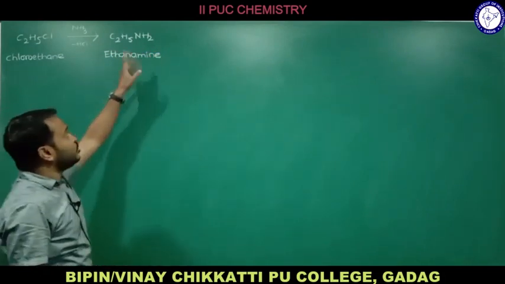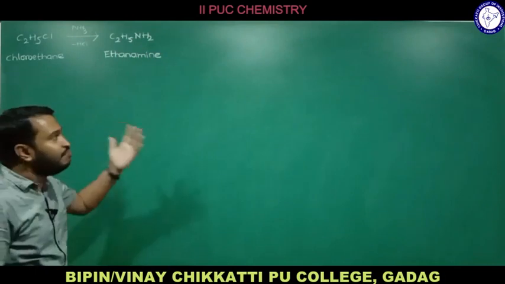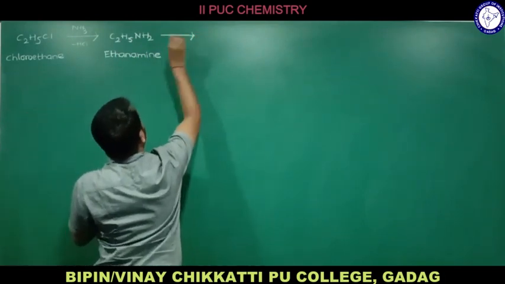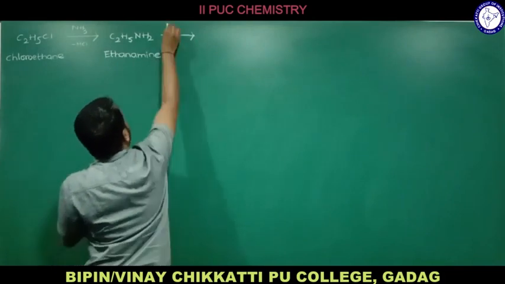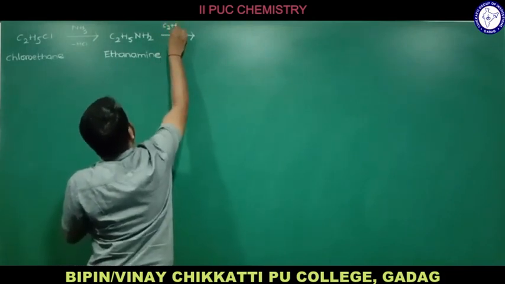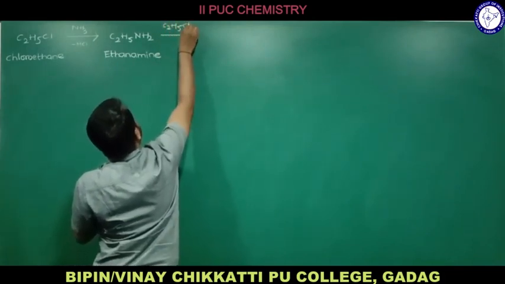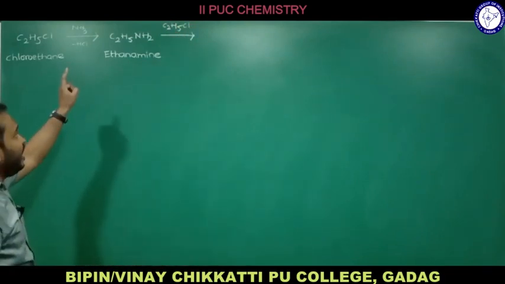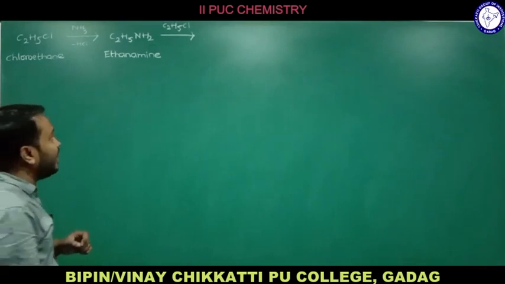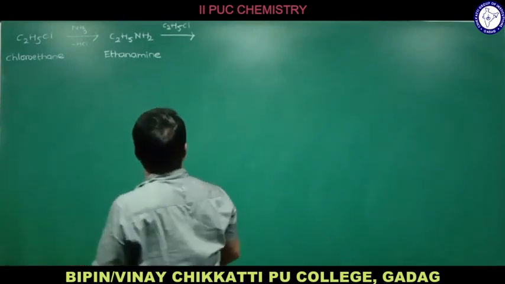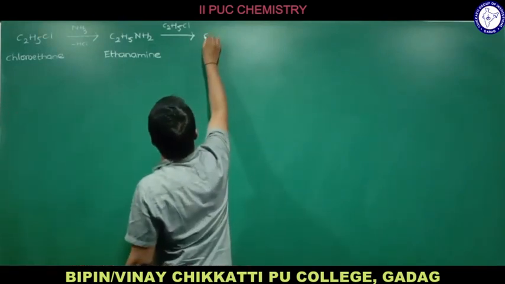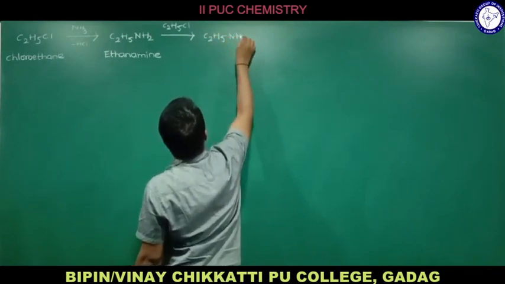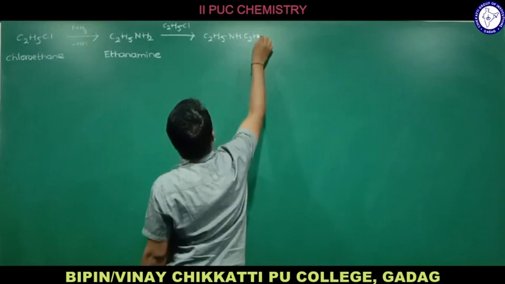Ethanamine contains two replaceable hydrogens. And again, since it is an amine, now I need to consider an alkyl halide, and I am going to consider C2H5Cl, that is chloroethane. We have an amine and an alkyl halide, so again the ammonolysis reaction takes place, and what we get is C2H5NHC2H5.